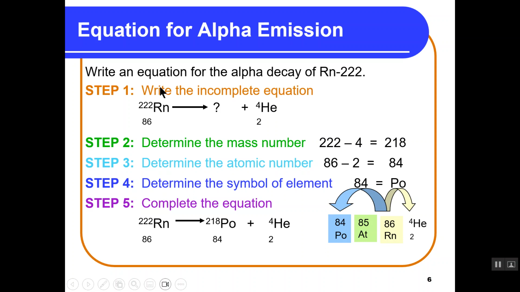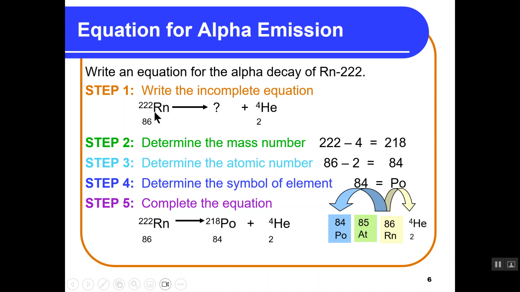So this would be the symbol of radon 222. And it says that it produces an alpha particle because it says alpha decay. So on the right side, you would write down the formula for the alpha particle, which is the helium-4 nucleus represented here. So the question is, what is the particle that is produced along with the alpha particle?